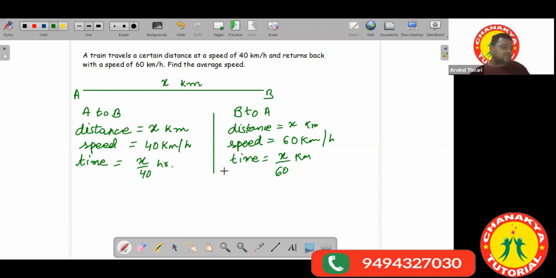So while going from A to B, it travels a distance X and takes a time of X by 40. While going from B to A, again it travels a distance X and it takes a time of X by 60. So what should be the total time?